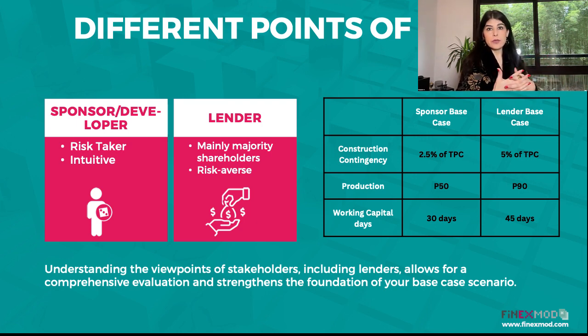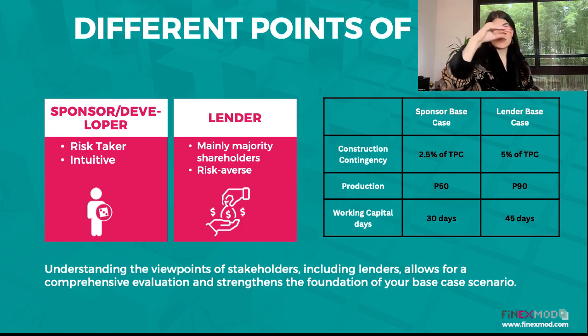The other common difference between the lenders and the sponsors scenario is the level of production. For example, a renewable project, you know that it's all based on statistics, right? Solar, wind, hydro.